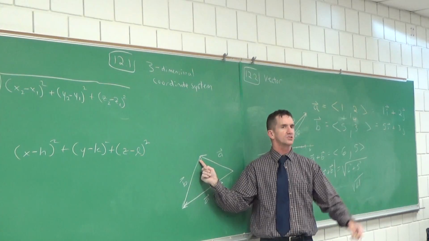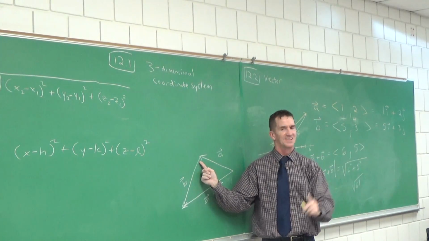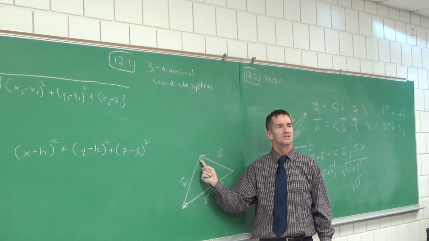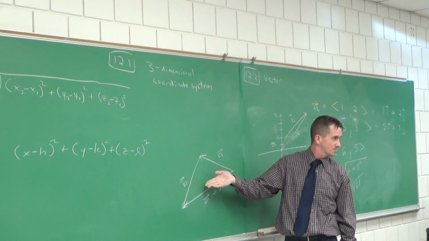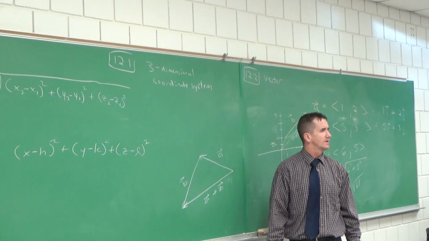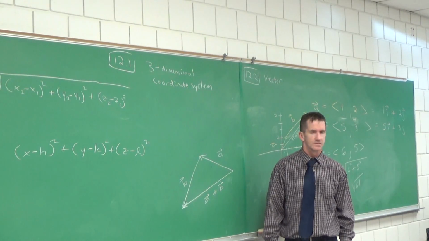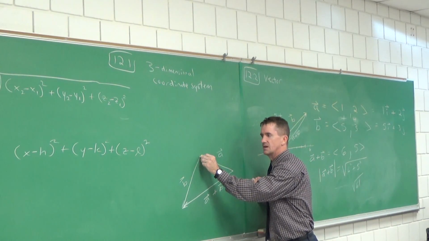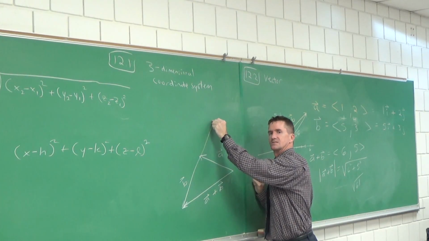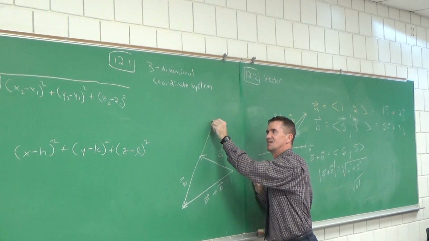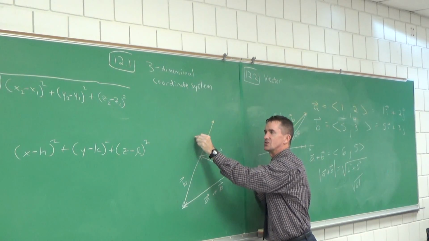I'll put it right on his picture. He nailed it. It goes in the opposite direction. It just goes in the opposite direction and has the same magnitude. So in this picture, what would vector negative B look like? That would be a vector that goes in the complete opposite direction. I have to make sure when I'm drawing this, I keep the same magnitude, and you can just call that negative B.